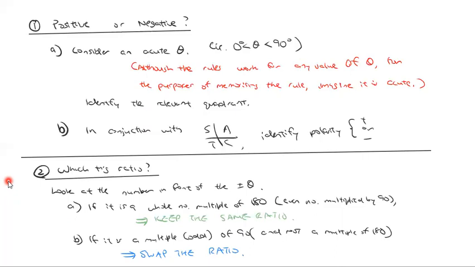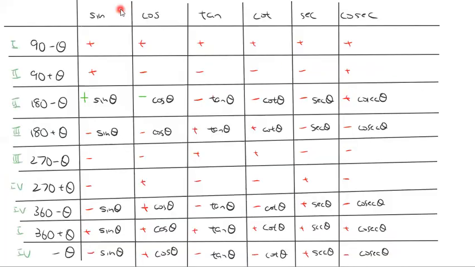So what do I mean by swap? Well, swap means they're paired up. So you've got sine and cosine, will swap. That's one pair. Tan and cot will swap. And sec and cosec will swap. So, given that, sine, this is a multiple of 90 and not 180, right?